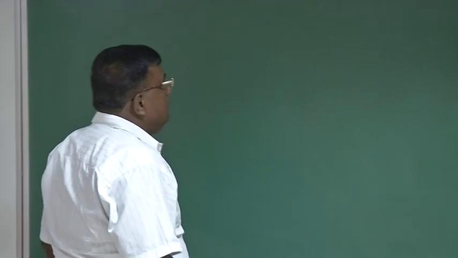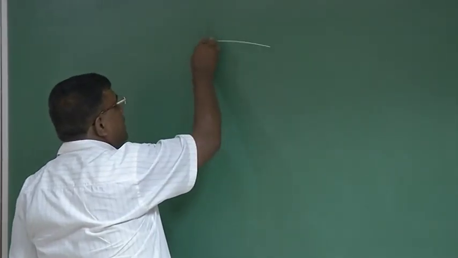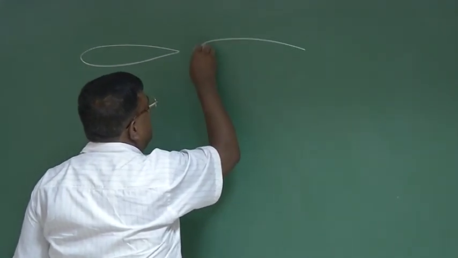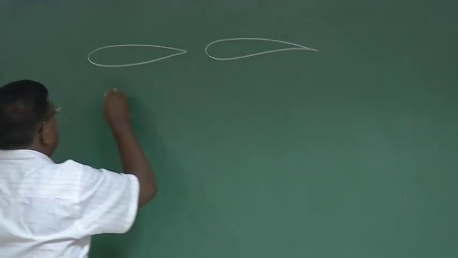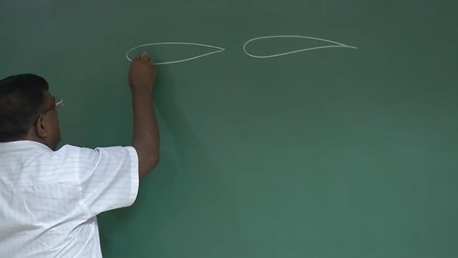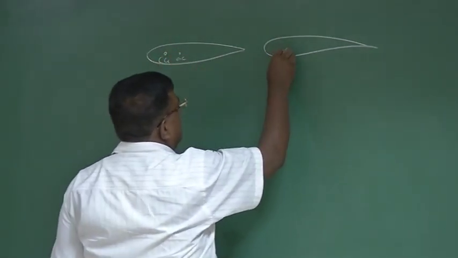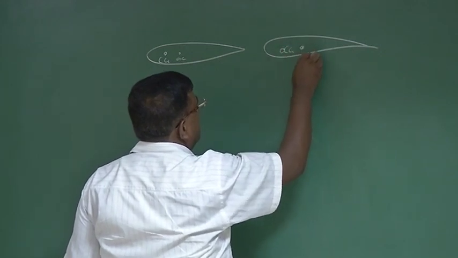That is the question. So if I just summarize, symmetric, this is cambered. For symmetric, of course, here it is CG, here it is AC, CG, here it is AC.